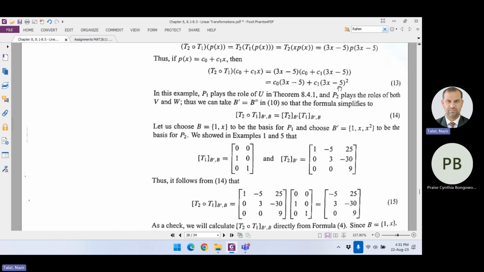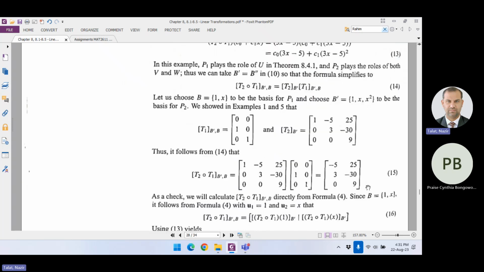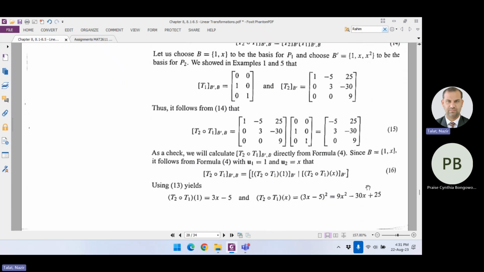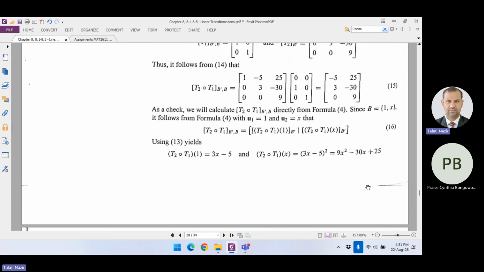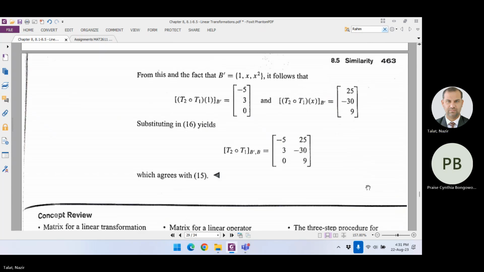And secondly, if you open the second entry, then we will get 25 minus 30 as the coefficient of x, and the coefficient of x square will be 9. So here we will get the same thing, and one can see that the validity of this will always hold.